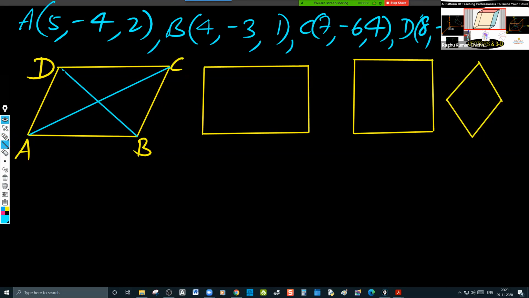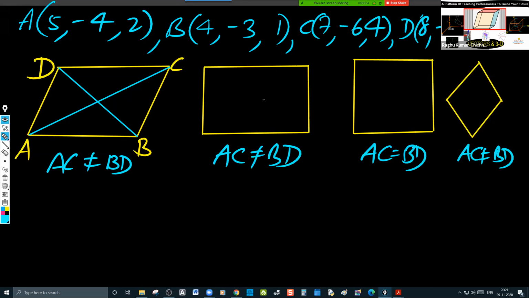For a parallelogram, AC is not equal to BD. In this case also, AC is not equal to BD. In this case, AC is equal to BD. In this case, AC is not equal to BD. And this one is also equal. For a rectangle, are they equal or not?